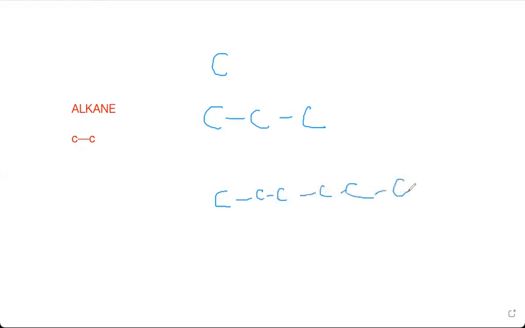But all the carbon should join with single bonds, meaning there should be a single bond between every carbon. Then you can say that this chain is called an alkane chain. So on the basis of number of carbon, we have different names of the alkane.